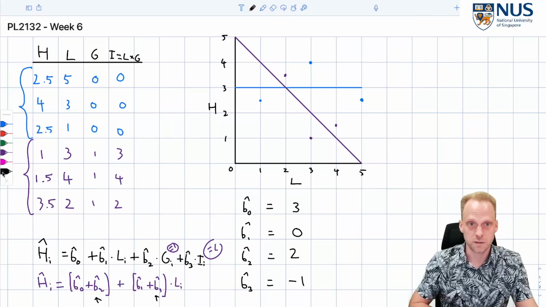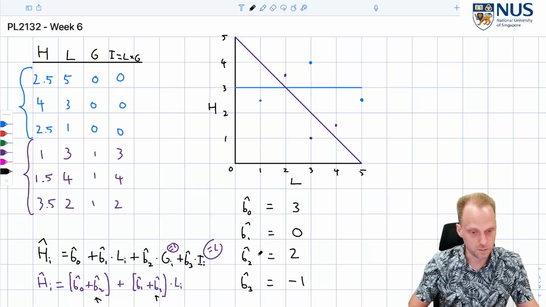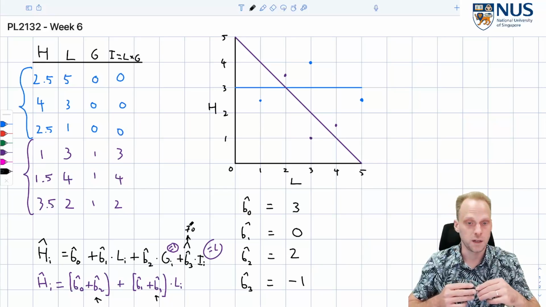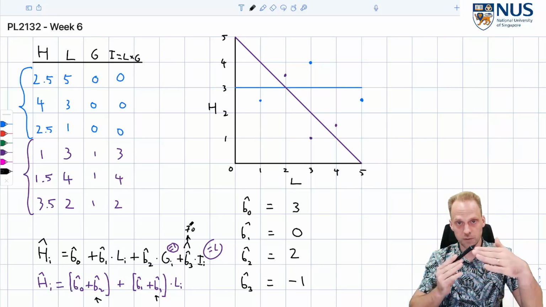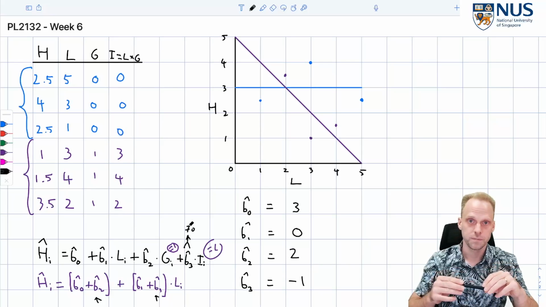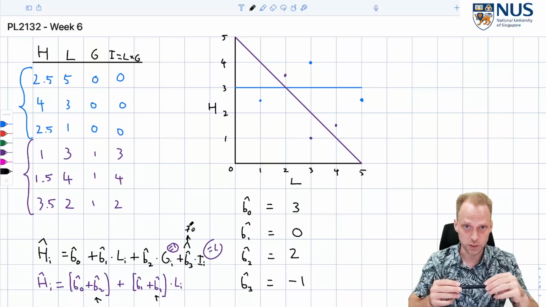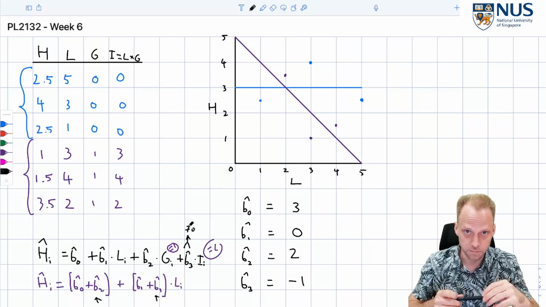And that's the idea of interaction. So we know now that if this B3 is not 0, in that case there would be a different line for one group compared to the other. And we can see that as an interaction, but we can also see it as a moderation effect.